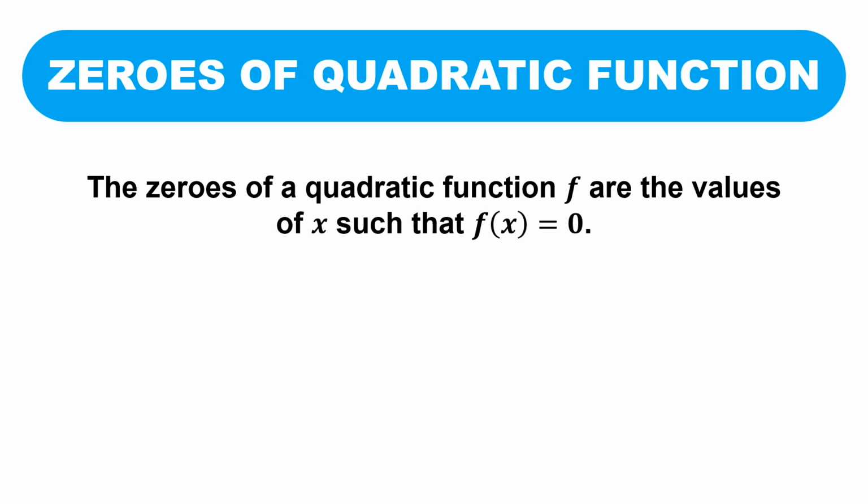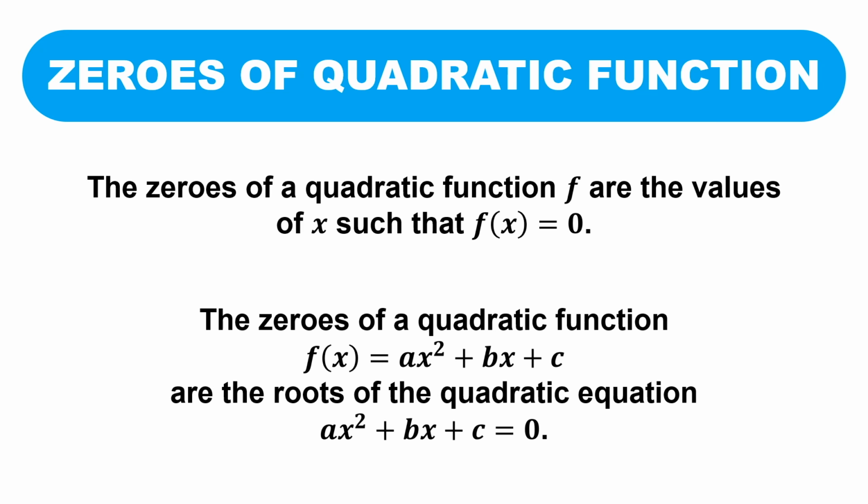The zeros of a quadratic function f are the values of x such that f of x is equal to 0. So, if a quadratic function is defined by f of x is equal to ax squared plus bx plus c, the zeros of f of x are the roots of the corresponding quadratic equation ax squared plus bx plus c is equal to 0.